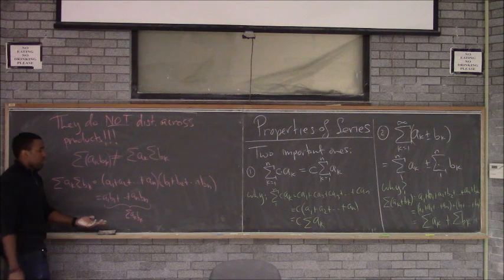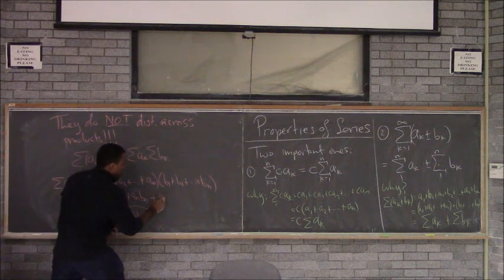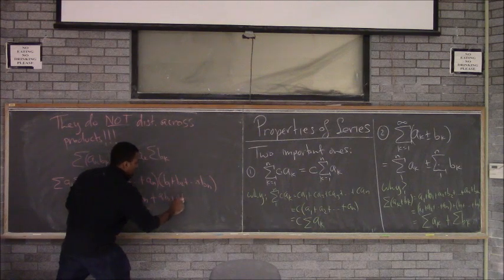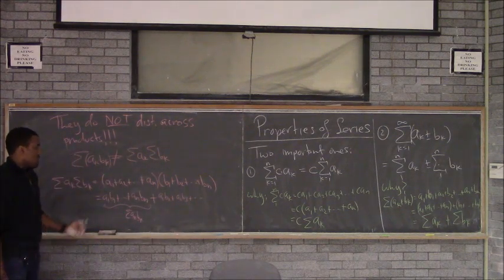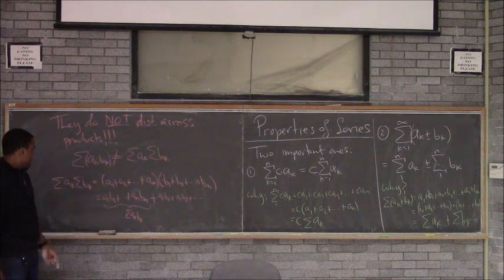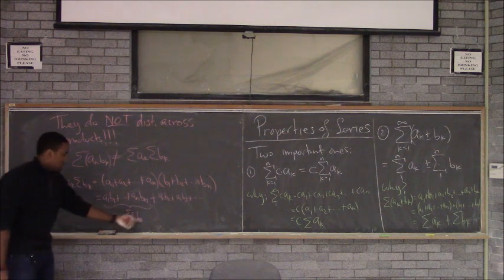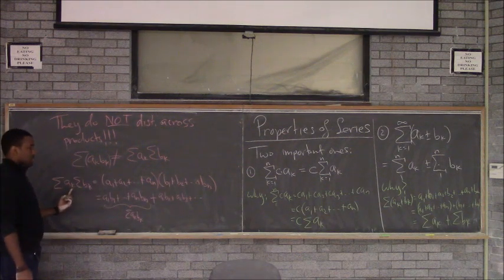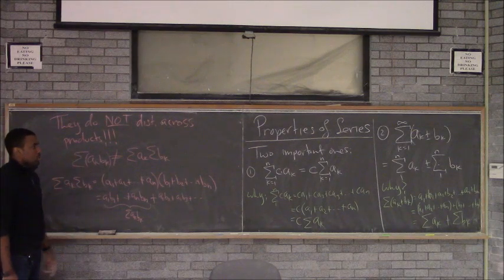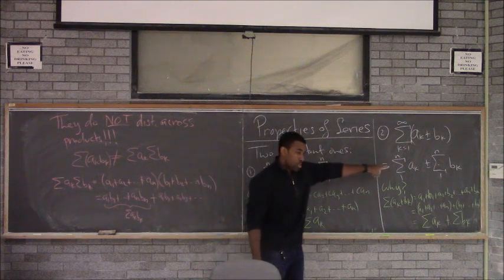But you wouldn't be done. You have to add a bunch more terms, like a_1 b_2 and a_1 b_3, and many other terms that are not accounted for in this list. So this expression cannot equal that expression, because you need this expression plus a lot more things to add up to that one. So it does not distribute across products. You can factor constants out, and it distributes across sums.